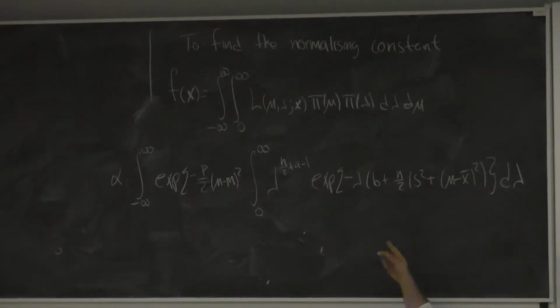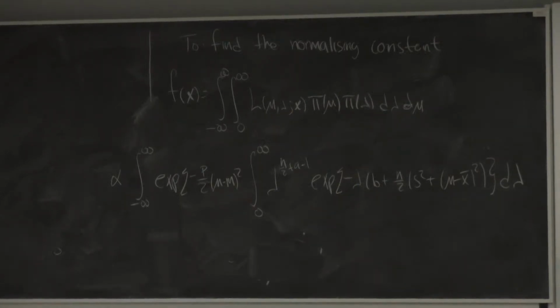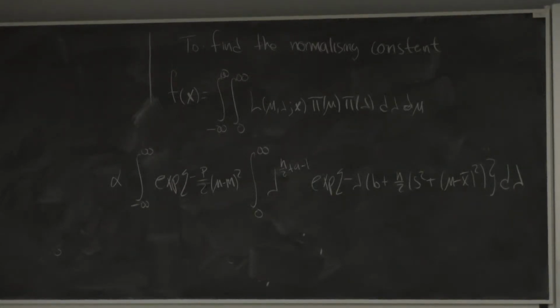Now, the integral with respect to lambda, the second one, looks like a gamma distribution with parameters n halves plus a, and then b plus that factor.